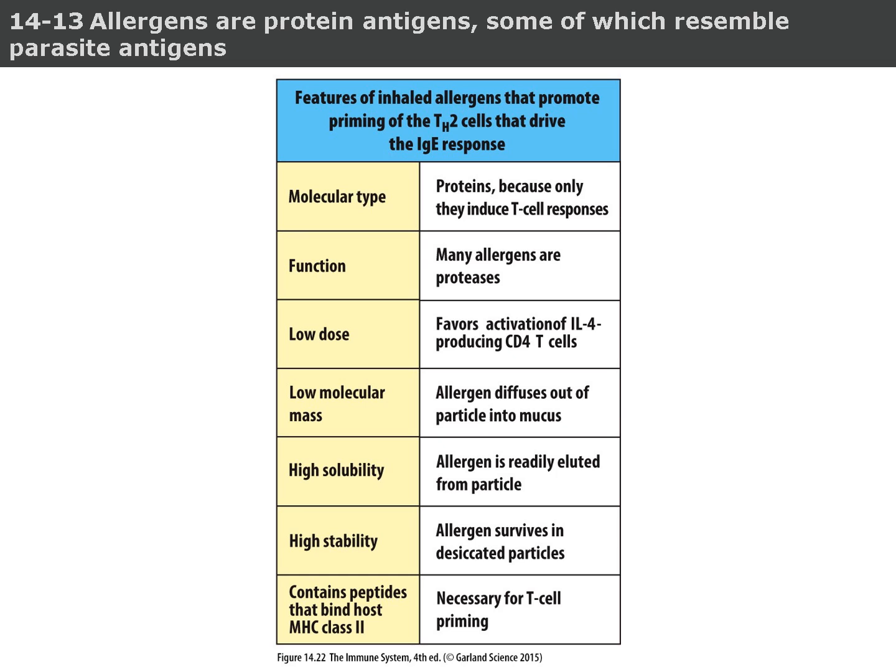Allergens with low molecular mass easily diffuse out of particles into mucus. High solubility allows allergens to be readily eluted from particles. High stability enables allergens to survive in dry particles. Finally, allergens that contain peptides binding to host major histocompatibility complex class II molecules are necessary for T cell priming.